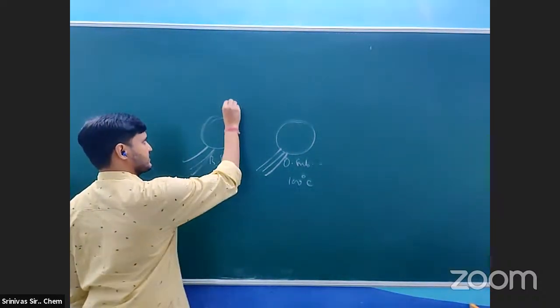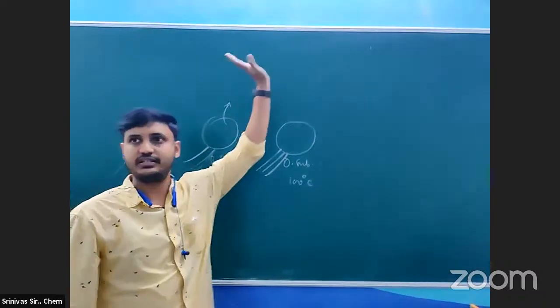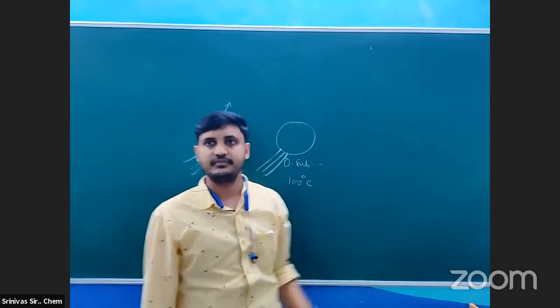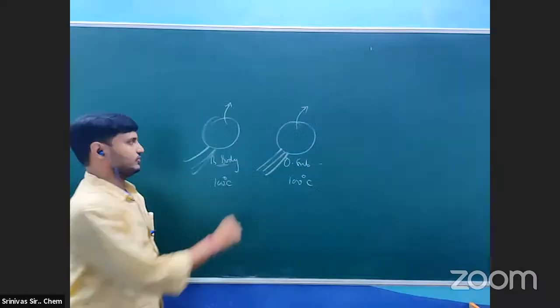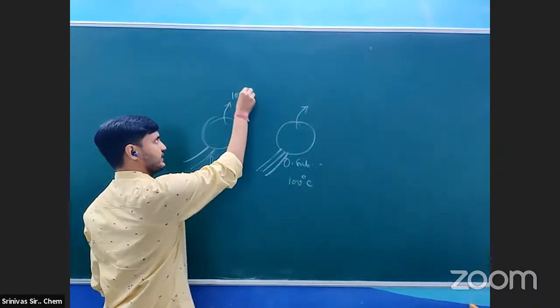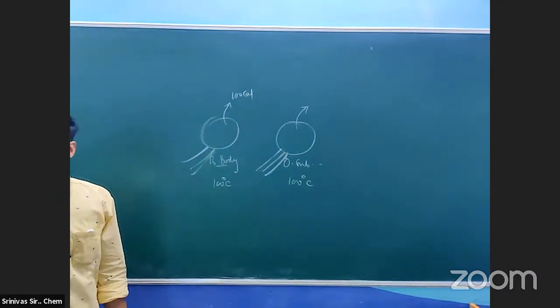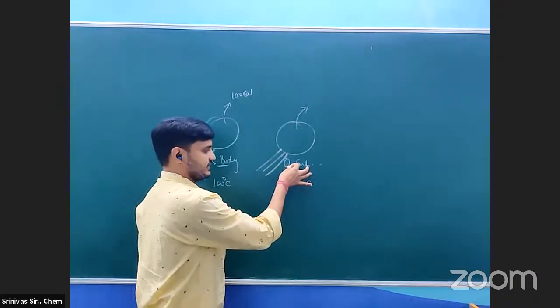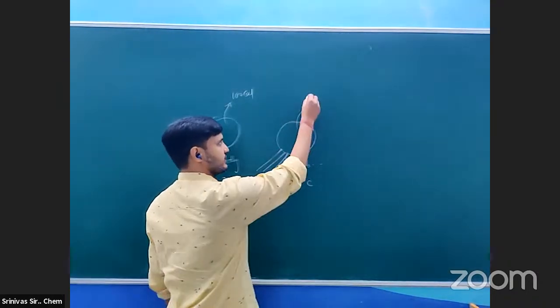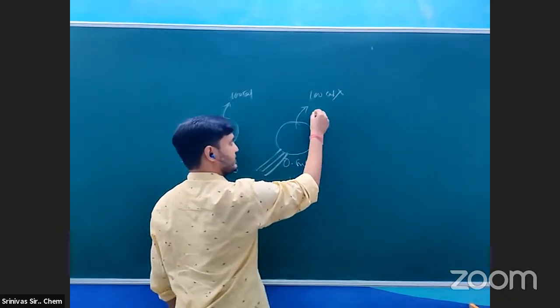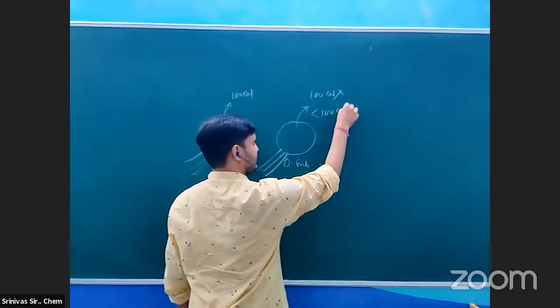This black body must emit energy in the form of light. It should radiate energy. Suppose the black body emits some 100 calories of energy at this temperature, this ordinary substance at the same temperature cannot emit 100 calories. It should definitely be less than 100 calories. Okay?